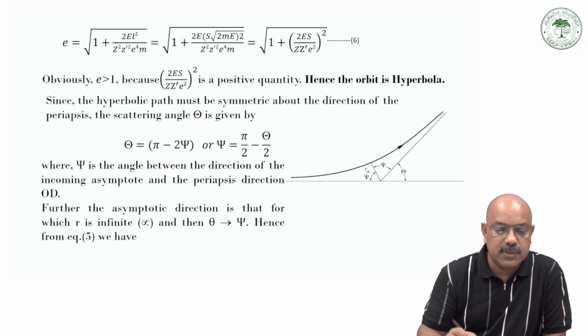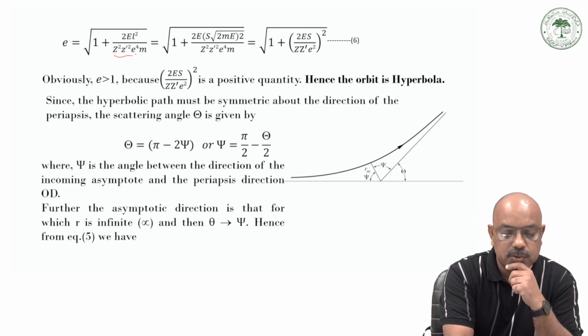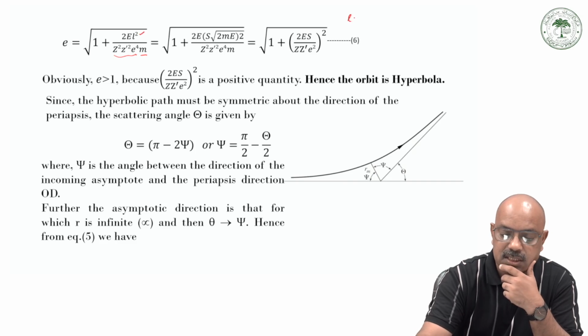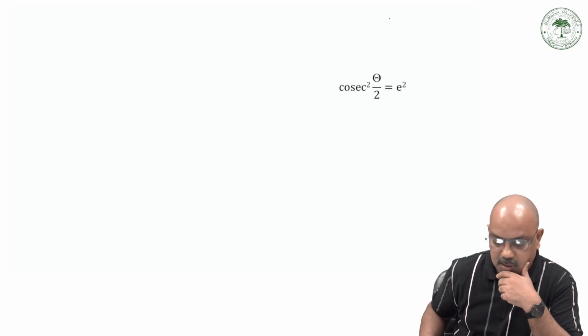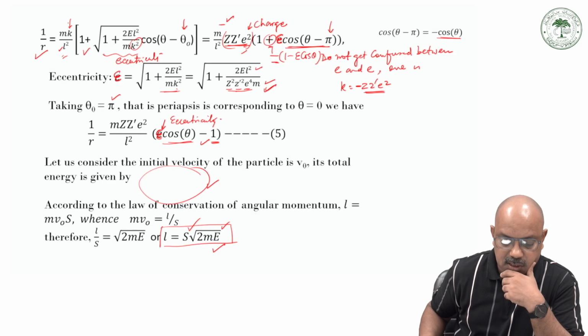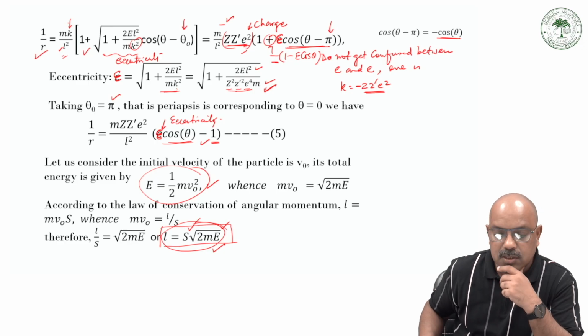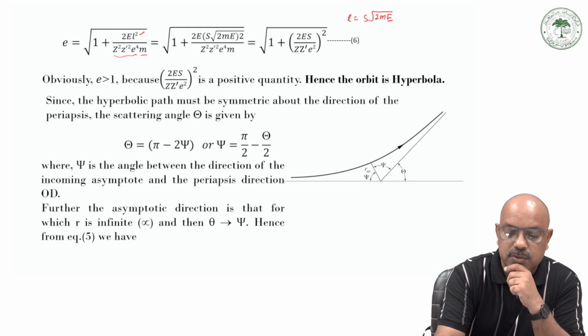If the eccentricity formula is twice E l square, z square e to the 4 by m, I can use that l square, because l is s times root twice mE.